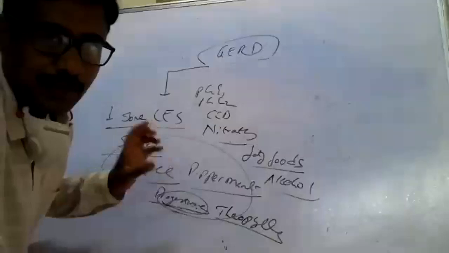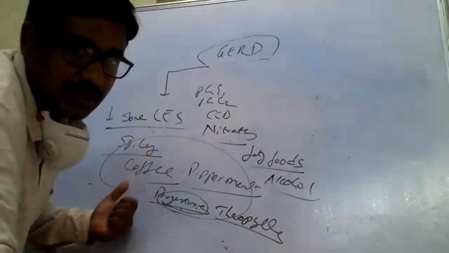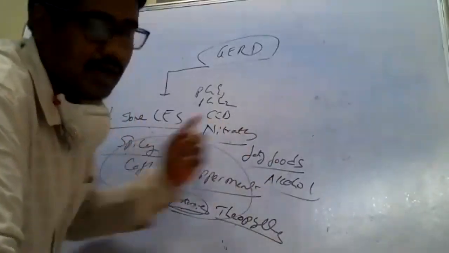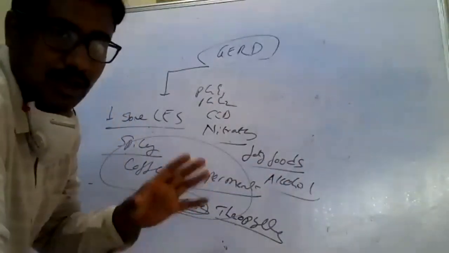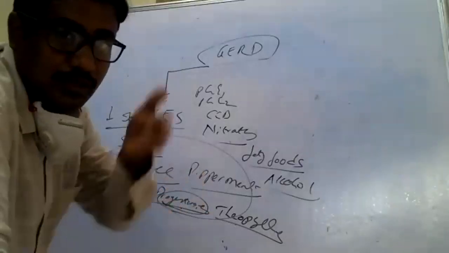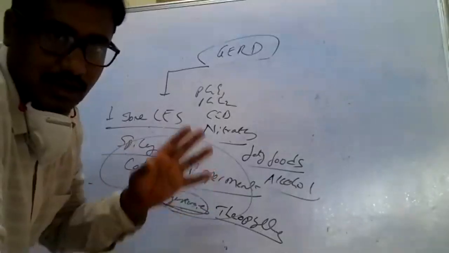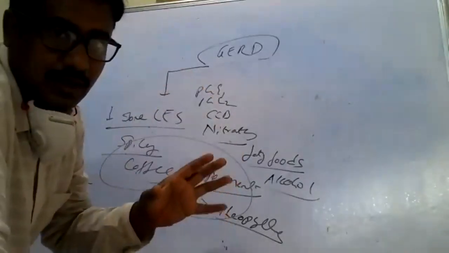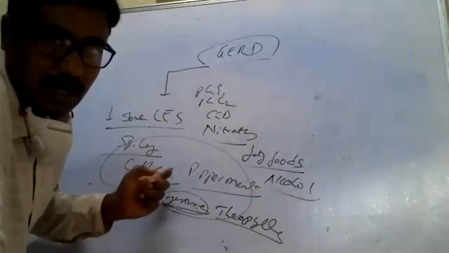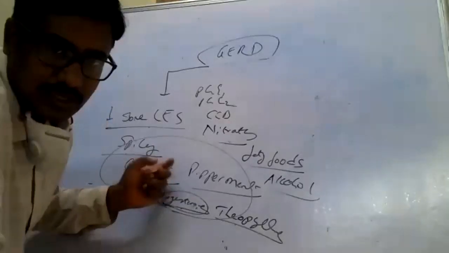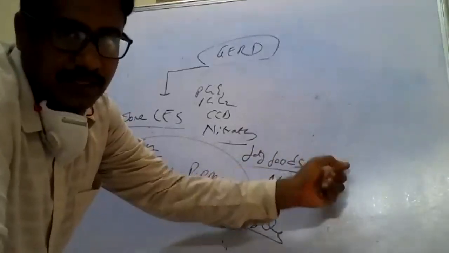If they ask which will not decrease the tone of the lower esophageal sphincter, mark the option which is outside this table, as it increases the lower esophageal sphincter pressure.